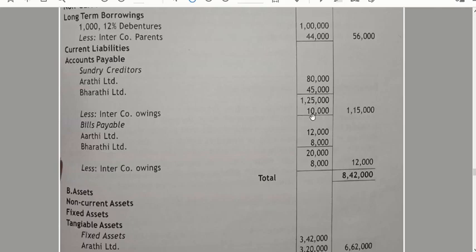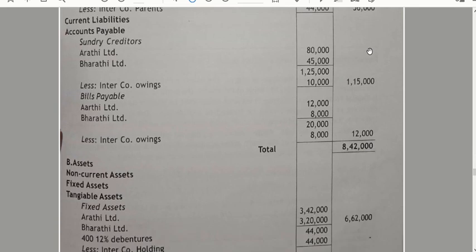So you'll minus that and you'll get 56,000 in the outer column. 1 lakh minus 44,000, 56,000 will be your long-term borrowings.